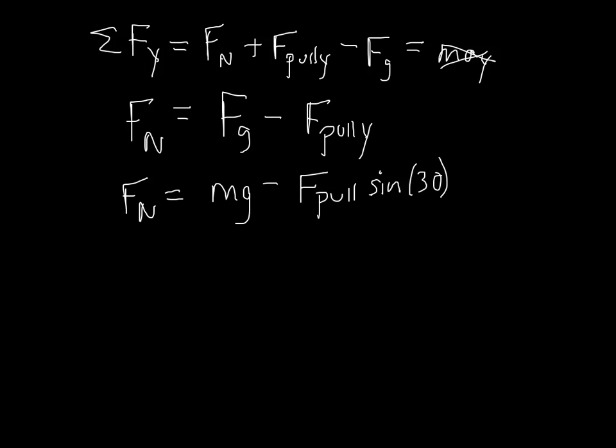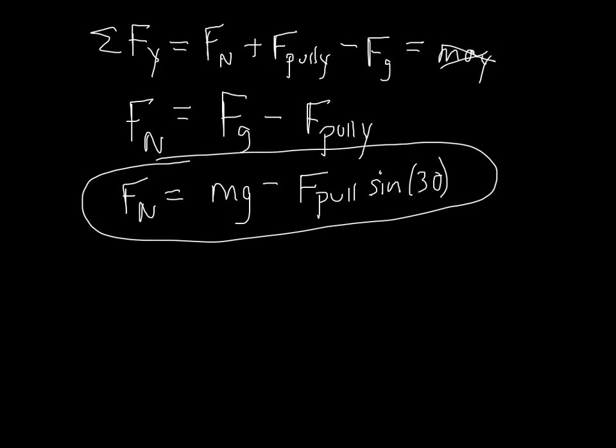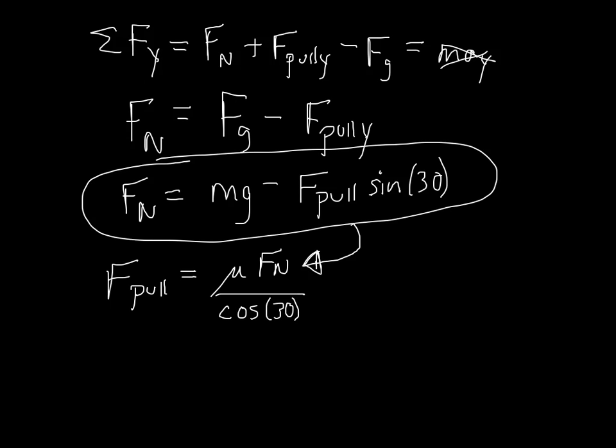So now I have this equation for Fn. I can take this equation and plug it into my F pull equation. In F pull, I had F pull equals mu times Fn over cosine of 30. So I can plunk that normal force right into there.